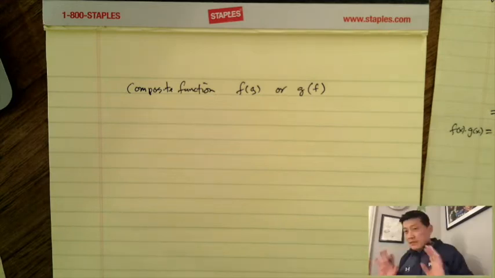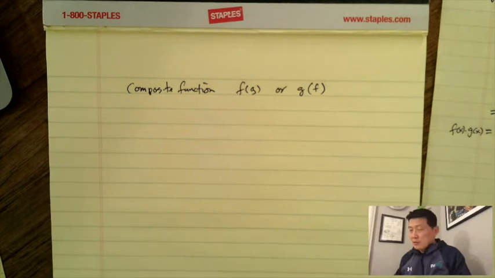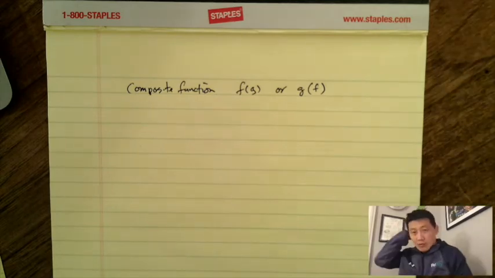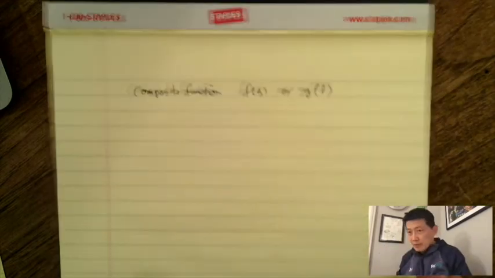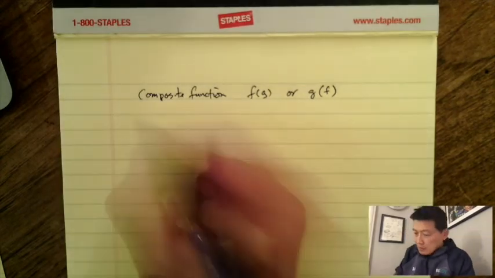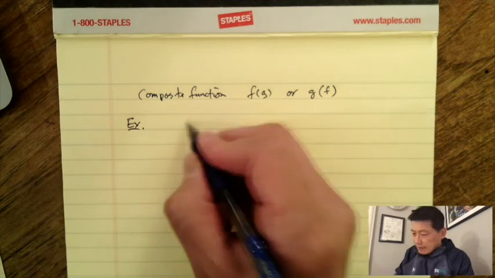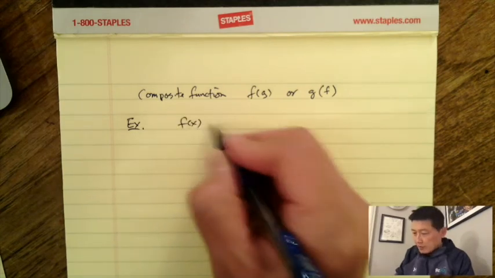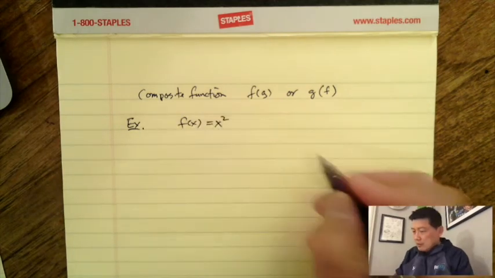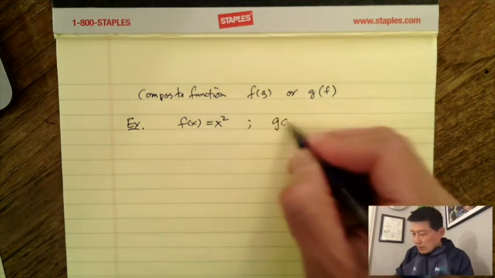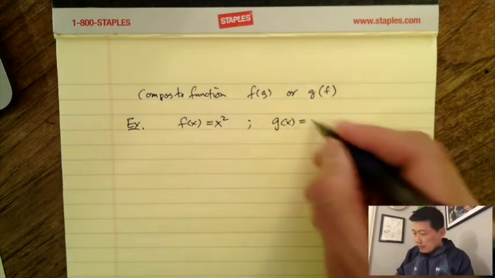Okay, if it's too confusing, don't worry at the moment. Let me show you how that works out, and you will probably get what I'm talking about. Let's take an example. We've got f of x is equal to x squared. And I'm going to tell you g of x, which I'll define here as x plus 1.